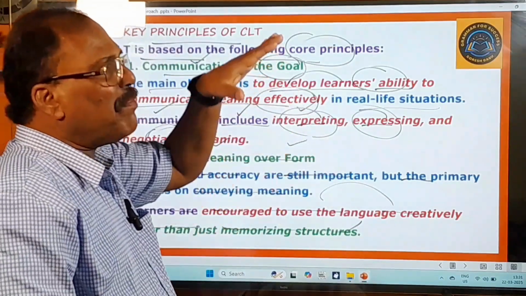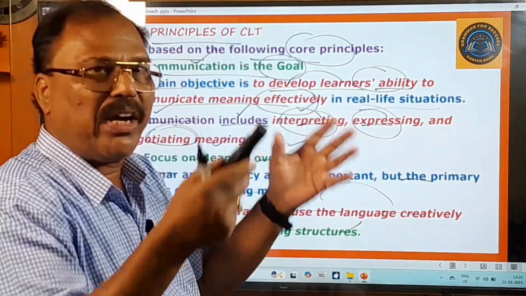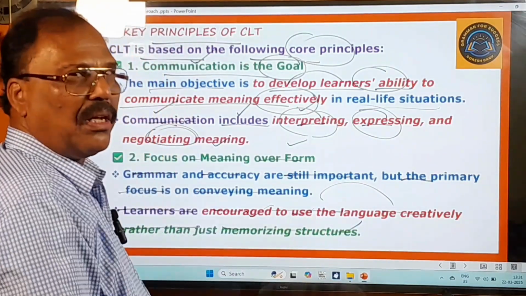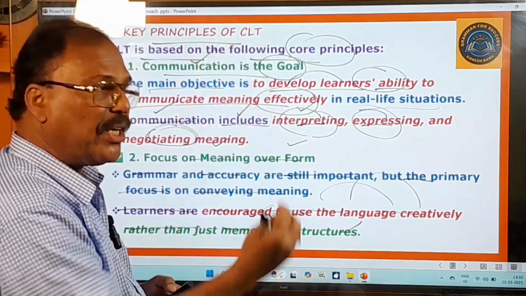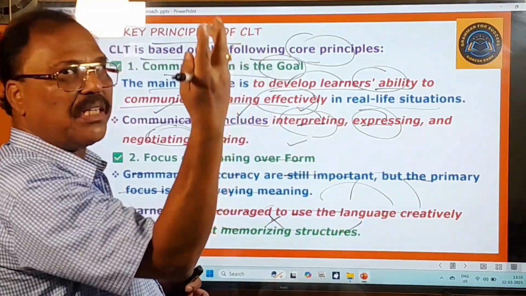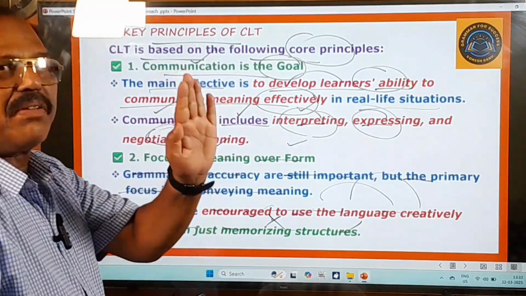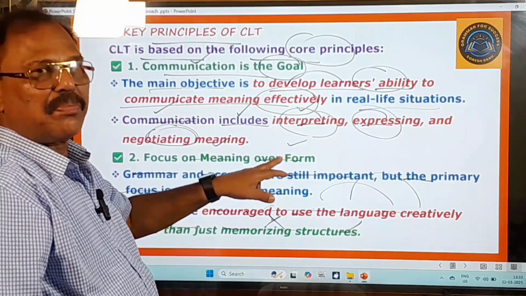Basing on the pattern they learn, they must be able to create new things and new ideas instead of simply memorizing the structures. That is called using the language creatively. Creating new sentences, writing new sentences. That's very important. So in this way, in this CLT, meaning is given more importance than the form. Okay, this point you have understood.